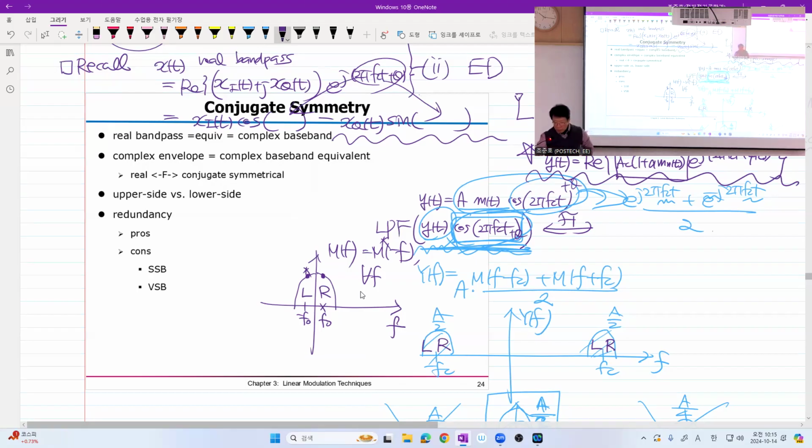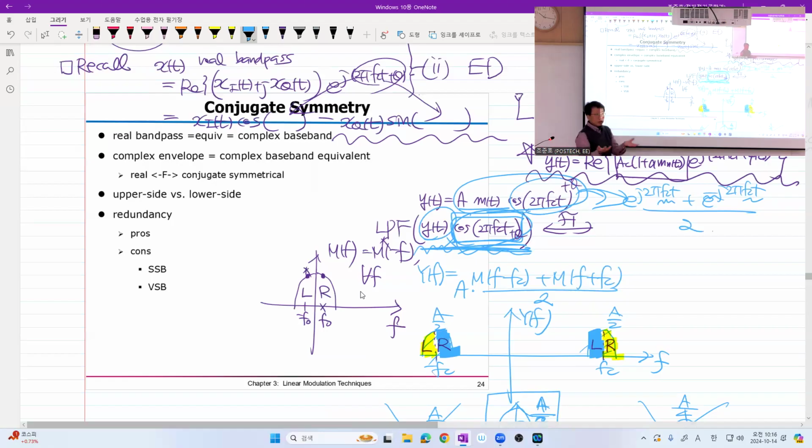And now let me ask you, do we really need to send this upper sideband component and this lower sideband component?